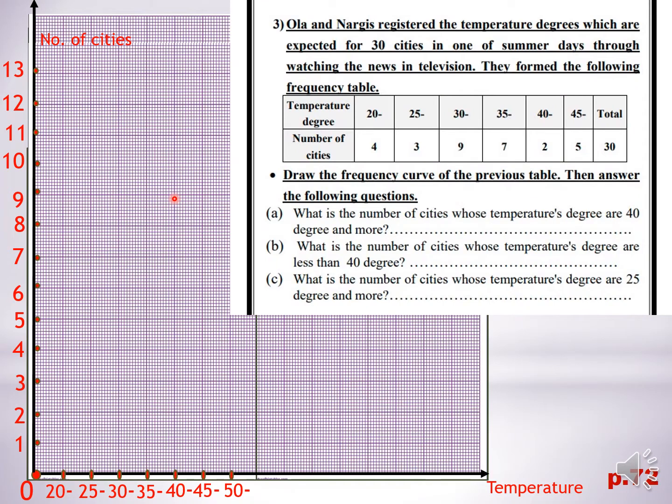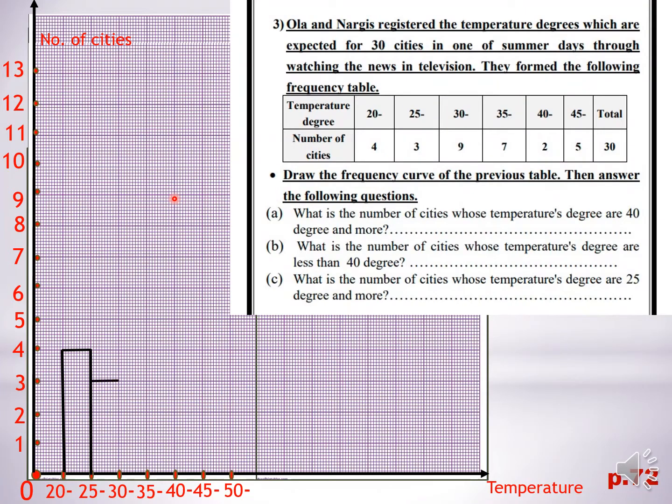So I have from 20 to 25, the temperature, 4 cities. So I will go up from 20 till I reach 4, and then I will draw my bar from 20 to 25, 4 cities. And then from 25 to 30, 3 cities.